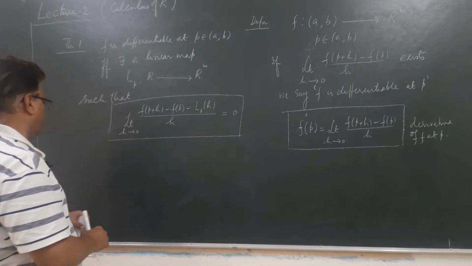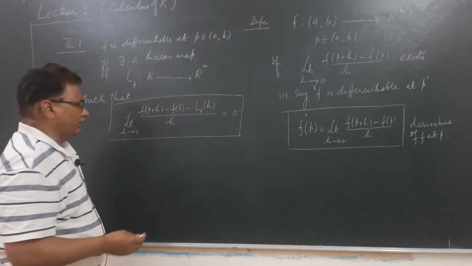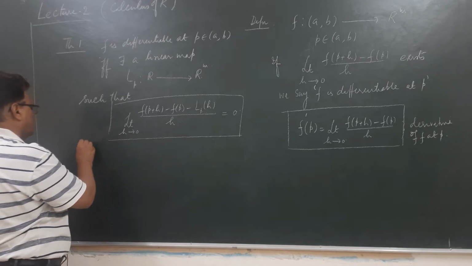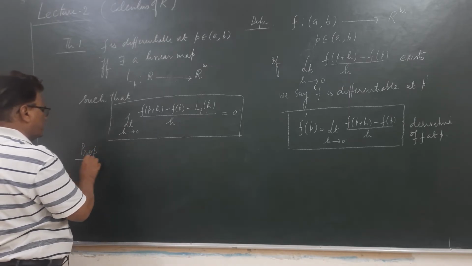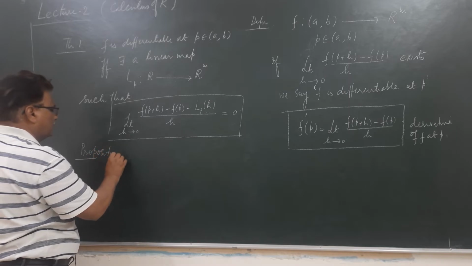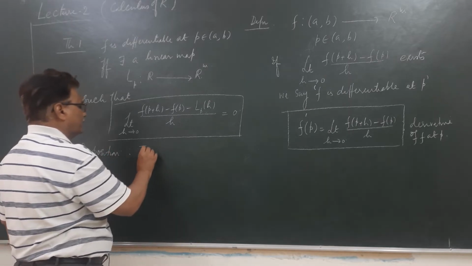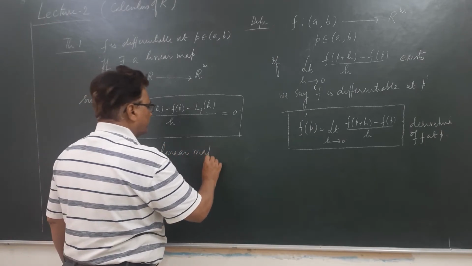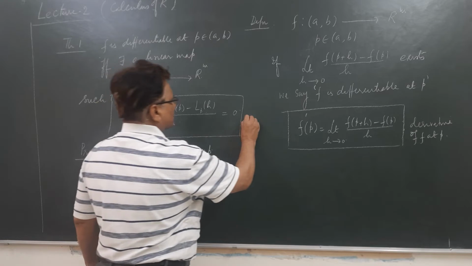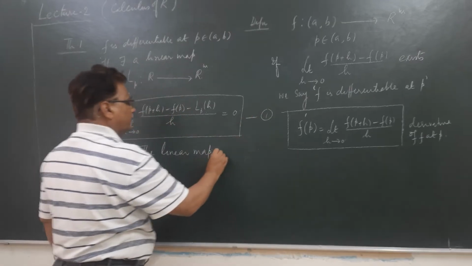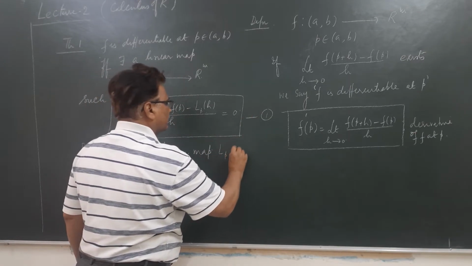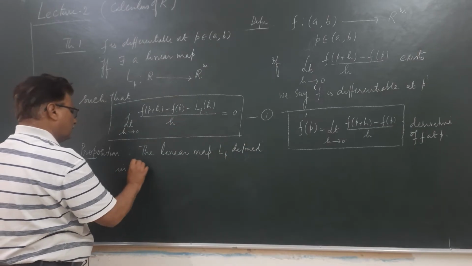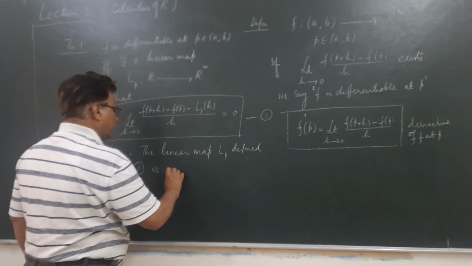The proof we have already given in our first lecture. The number one observation, which you can take as a proposition, is that the linear map Lp defined in formula 1 is unique.